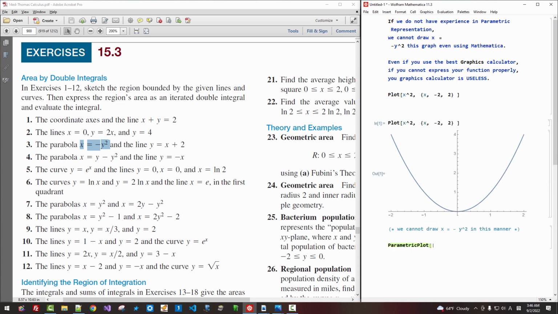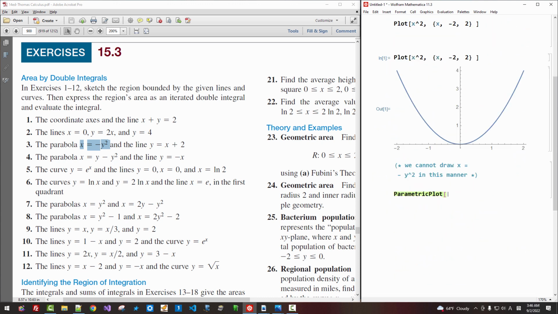This is the argument. Now we let y, x changes from -5 to 5.